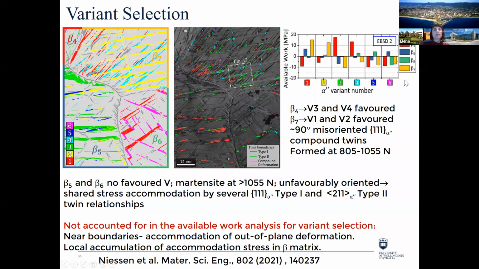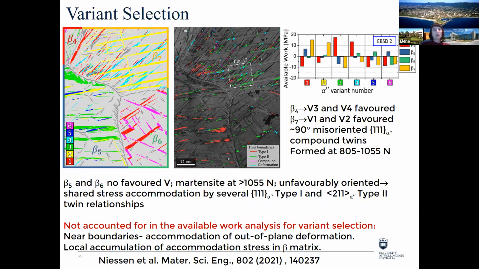However, the available work analysis also did not account for variants forming in the vicinity of the grain boundaries. A careful look at these areas showed that there is also accommodation of strain by out of plane deformation, which is also not predicted by the modeling. Also, when initially some variants formed, the surrounding matrix changed the stress state.